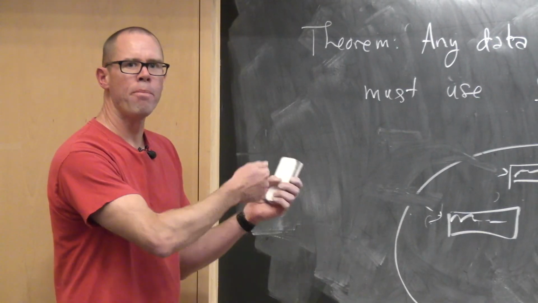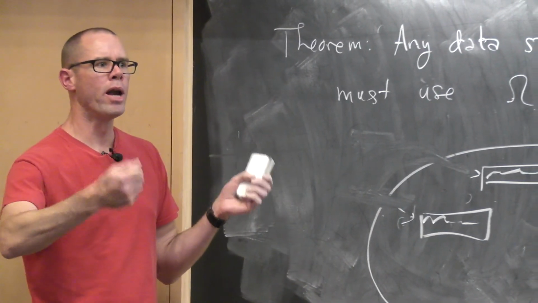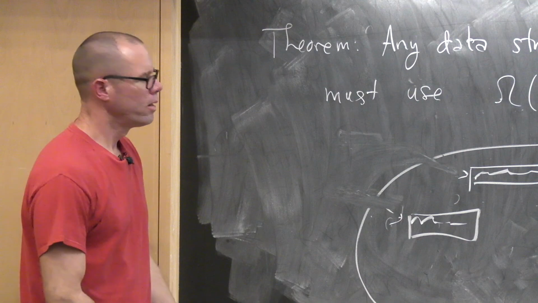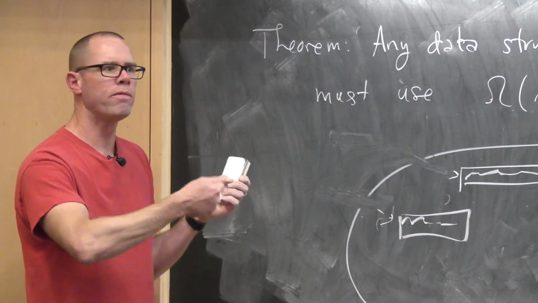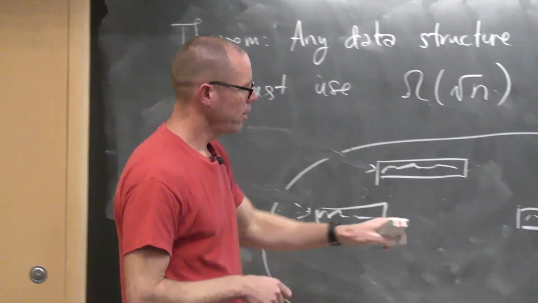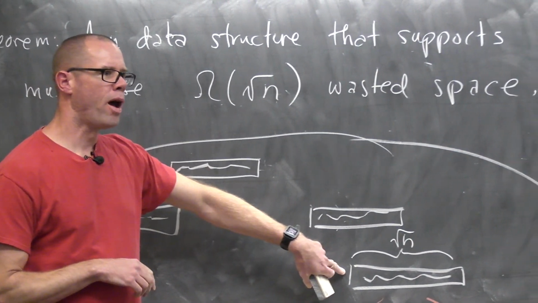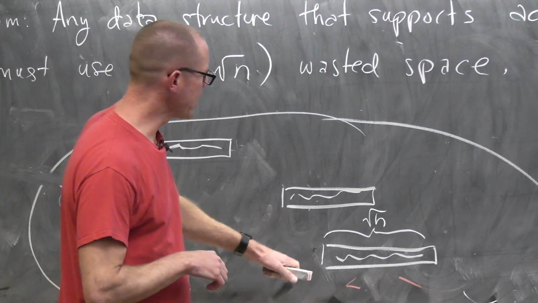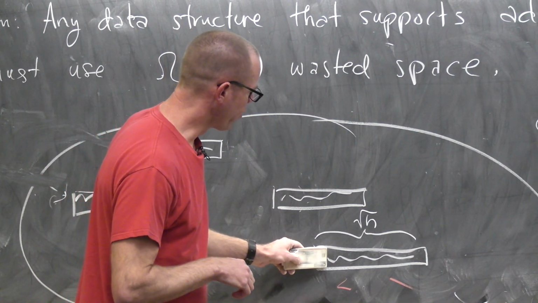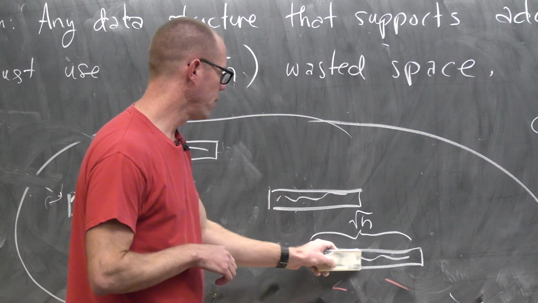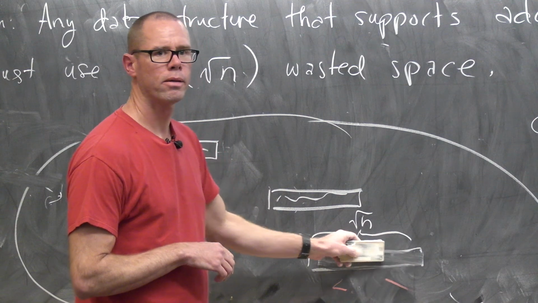Now, remember that I built this thing by adding elements one at a time. Sometime during this process of adding these elements, this array was allocated. And right at the moment when it was allocated, before I had a chance to fill it with anything, it was completely empty.